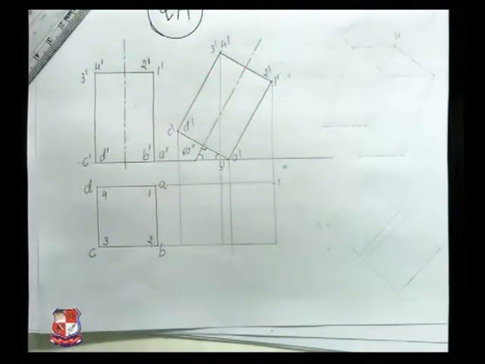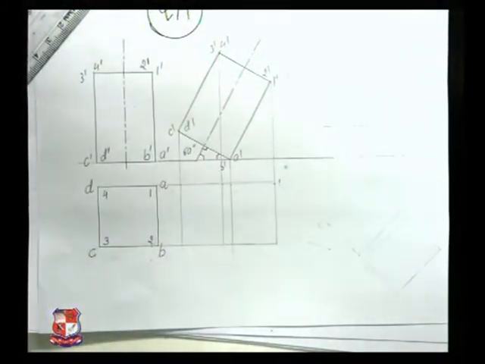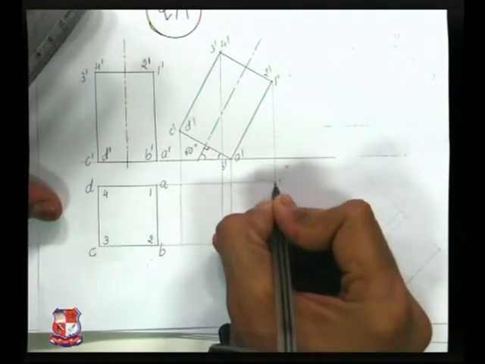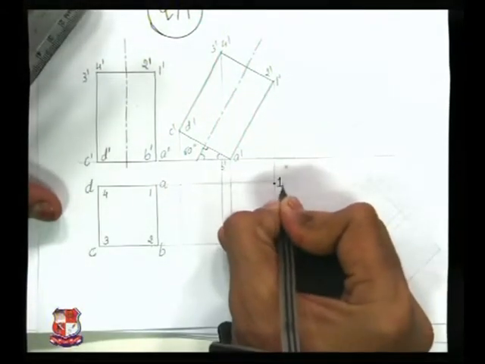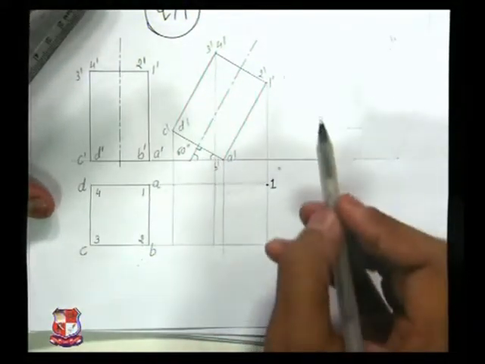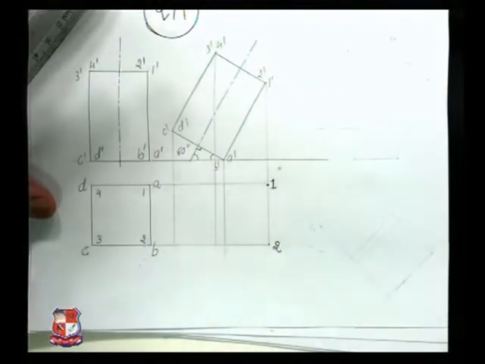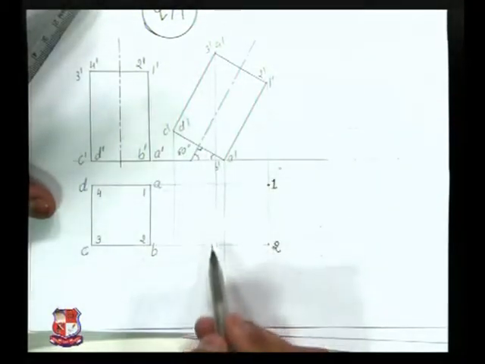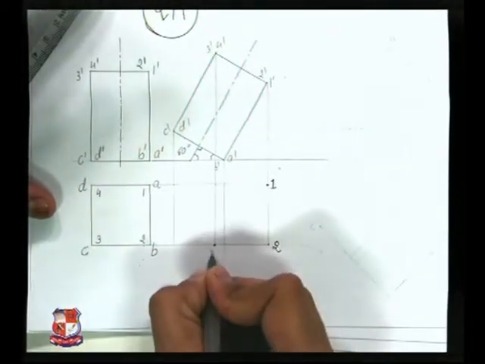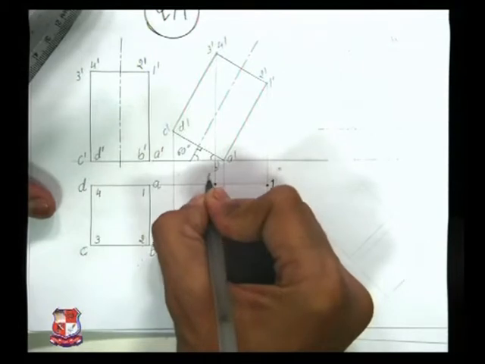So point number 1 would appear over here. Here is point number 1. Similarly, point number 2 from 2 dash and 2. So here is point number 2. For 3, vertical line from point 3 dash, horizontal from point 3. So this is 3. And similarly here point number 4.